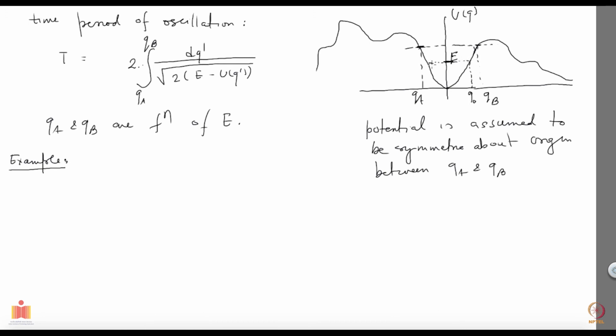But you already know, because I gave an exercise, that the time it takes in going from here to there is the same as it takes in coming back. Okay, but then on top of it I have chosen the potential to be symmetric. Which means the time it takes in going from here to here, that is 1/4 of the time period. Okay, so here the time period T is 4 times the time it takes in going from 0 to Q naught.